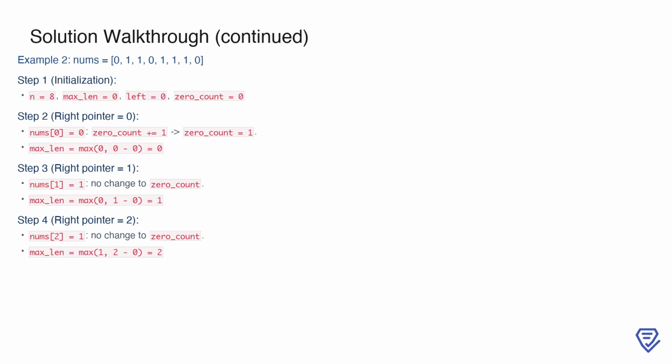Now let's look at another example where nums equals 0, 1, 1, 0, 1, 1, 1, 0. We start by initializing the variables: n equals 8, max_len equals 0, left equals 0, and zero_count equals 0. At index 0, nums[0] is 0, so we increment zero_count by 1, making it 1.